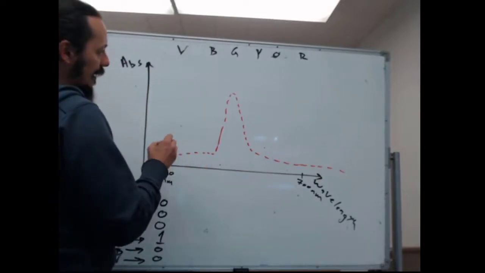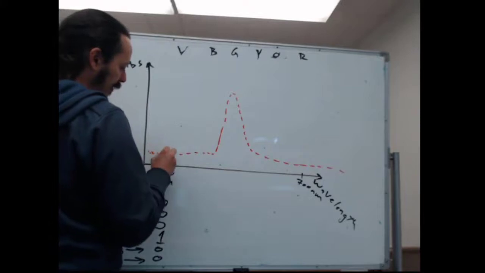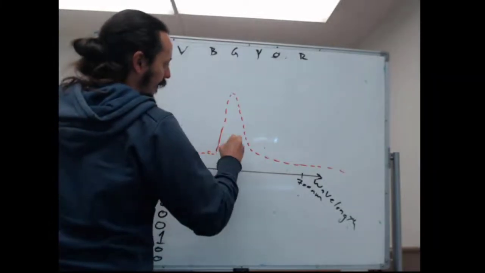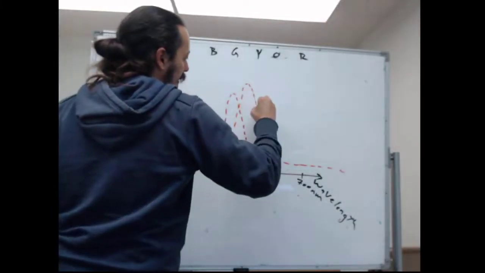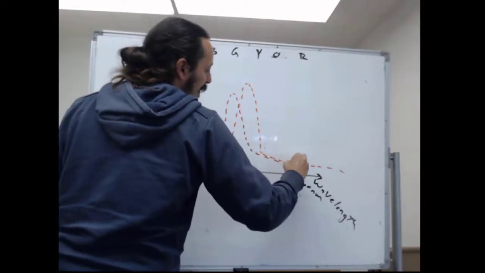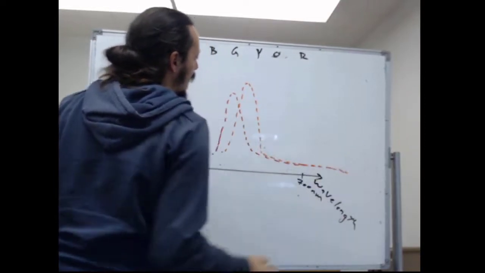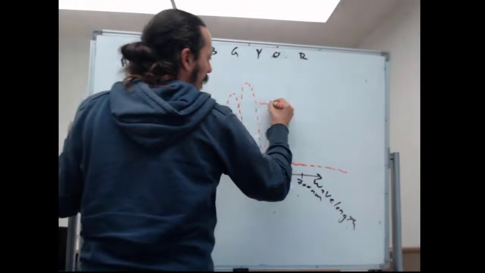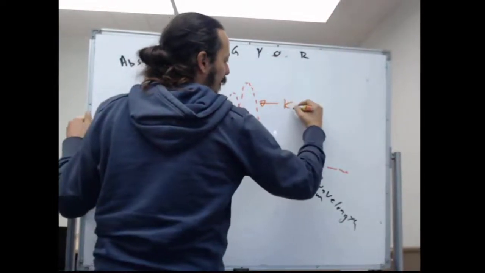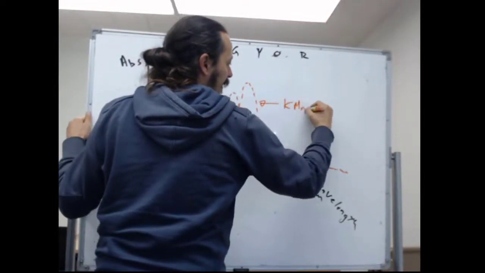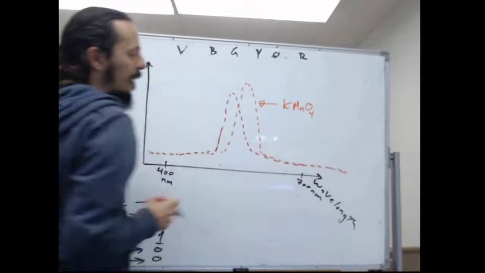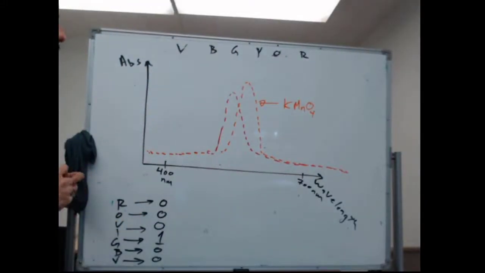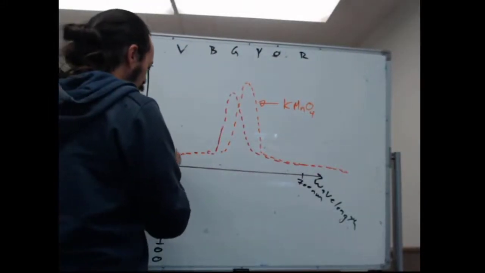What you notice for that purple solution is a peak. I just helped somebody with this earlier today, which is why I know where the peak actually is. For potassium permanganate, chemical formula KMnO4, we get one peak.